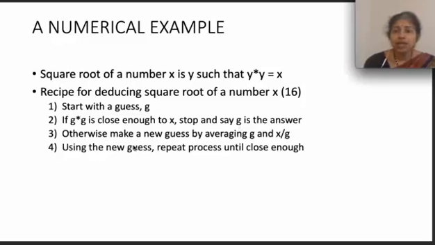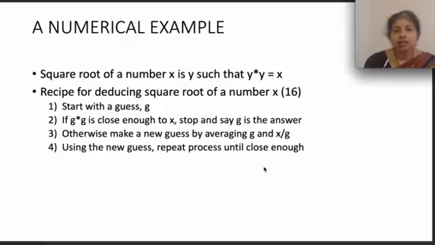Else, make a new guess by averaging g and x by g, using the new guess, repeat the process until close enough. So until you find the right answer, you repeat the same process till you find out the square root of the given number.